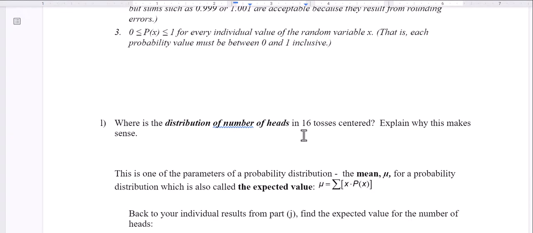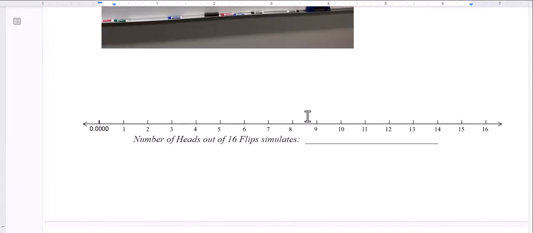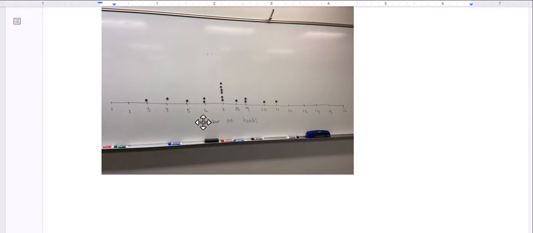Now, looking back at the distribution, where is the distribution of number of heads in 16 tosses centered? Notice that we're looking at the number of heads again, and going back to the graph, I labeled the graph number of heads. So where is it centered? It appears to be right around 8, which is what we had expected.